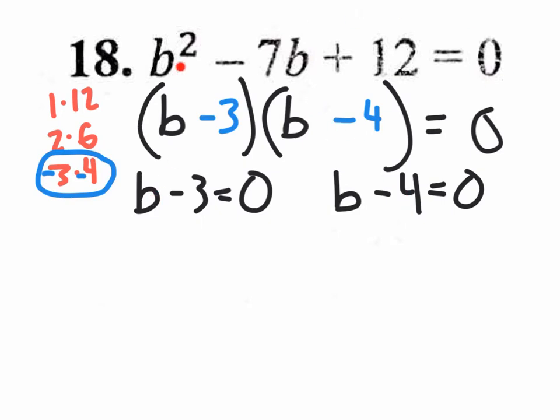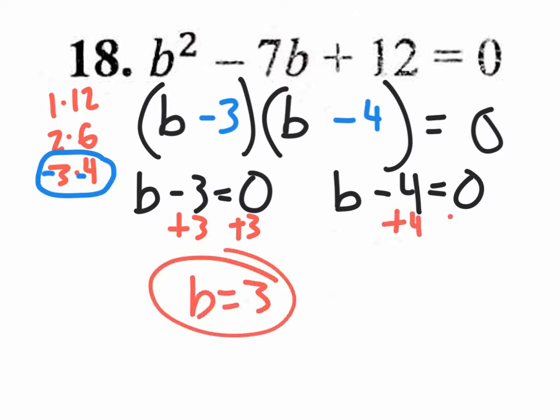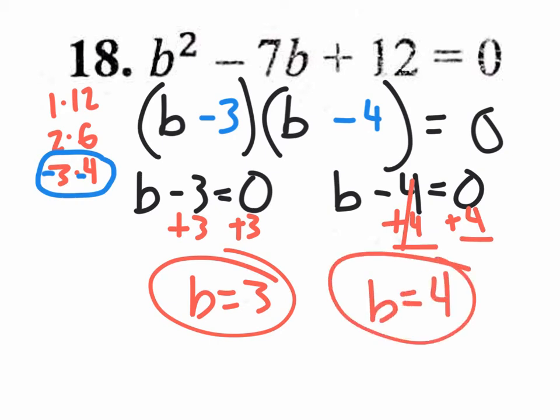So you had a complicated equation at the start, and now we have two simple one-step equations. And of course you solve plus 3, b equals 3. That's one answer. Plus 4, b equals 4 as another answer. So you actually get two answers for this one, number 18.